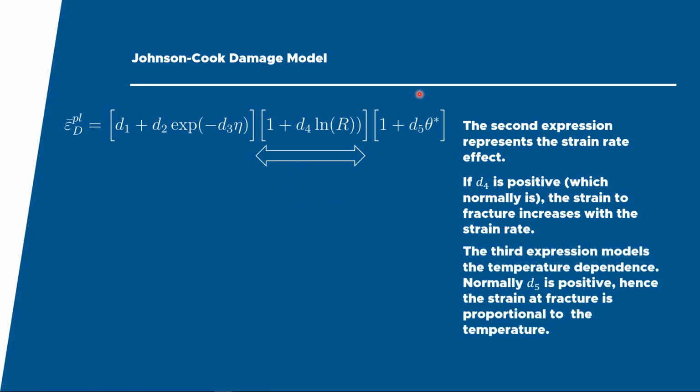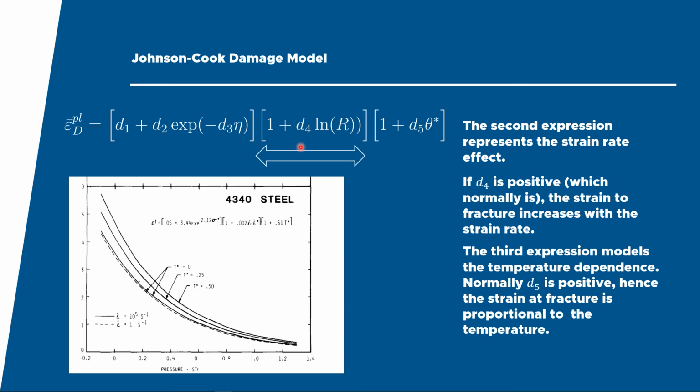And the same thing says the part of the equation that deals with the temperature effects. If D5 is positive, the strain at fracture starts to increase when the temperature increases. So it's proportional to the temperature.